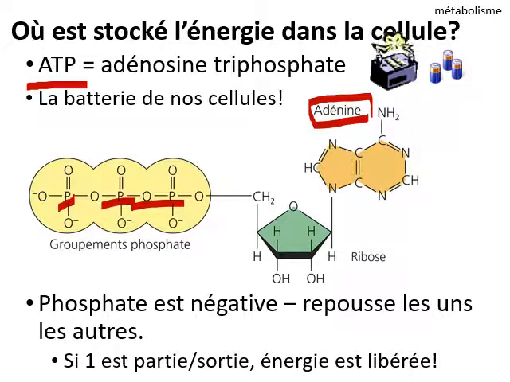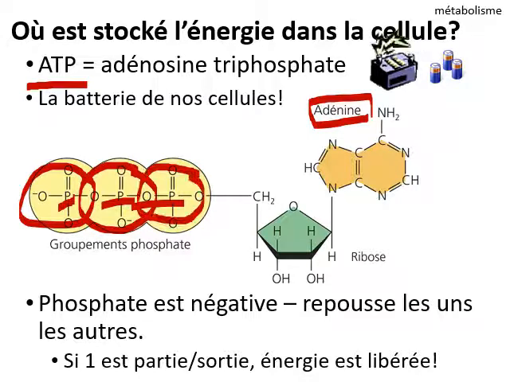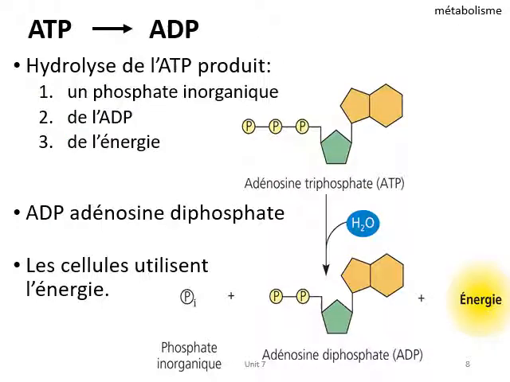The phosphate has a negative charge. The bonds repel each other. If one would come off, energy would be released. It takes water to split a phosphate group off of the ATP.